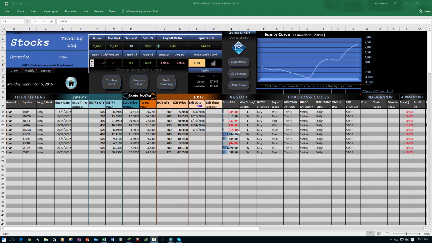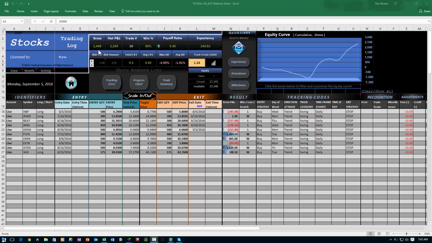Some of the trades I got a better fill on, and then I got stopped out for less than the 250. In fact, every one of them was less than the 250. Now, these are still open trades, so the bad trades, the ones in red, I got stopped out of, but you can see that I've had some very good trades on the positive side. So the equity curve is right here.